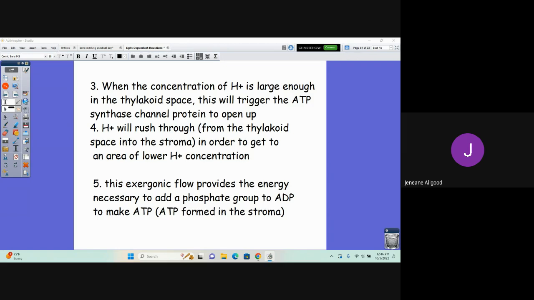This all good? Do we put a drop? Yeah, we put a drop right here in the middle. Put a dot.